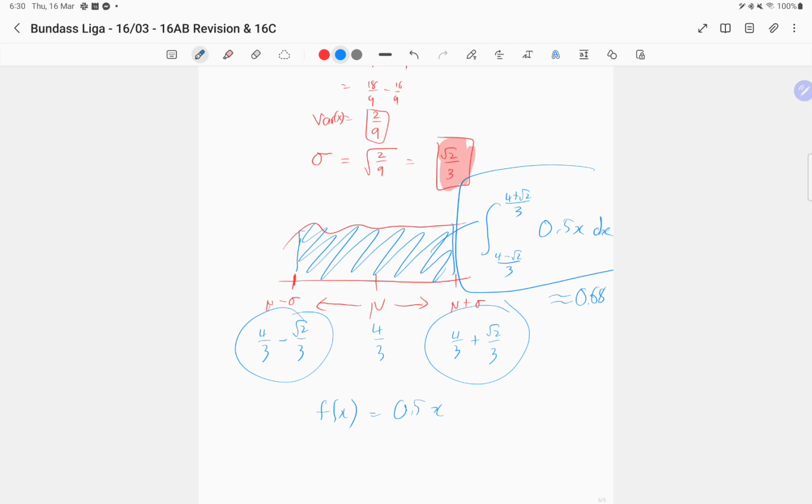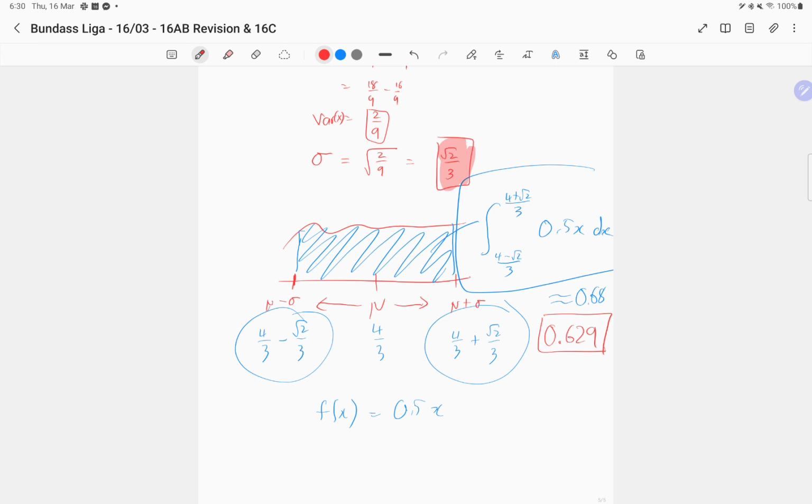Is it 0.628? What was it? 0.629. Right? So have a look guys. My guess was 0.68 and the actual answer was 0.629.